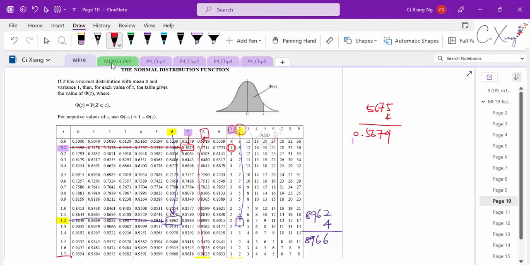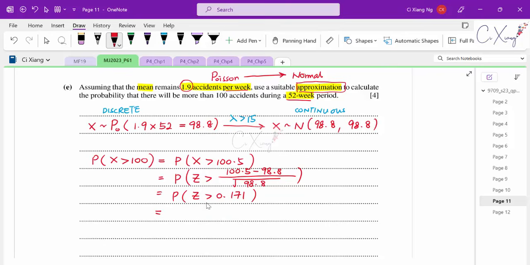And this probability is actually Z smaller than 0.171. So if I want to get the area that's more than 0.171, you have to take 1 minus the probability that you get just now, which is 0.5679. And after you find out the value, correct the answer into 3 significant figures and you should get 0.432.